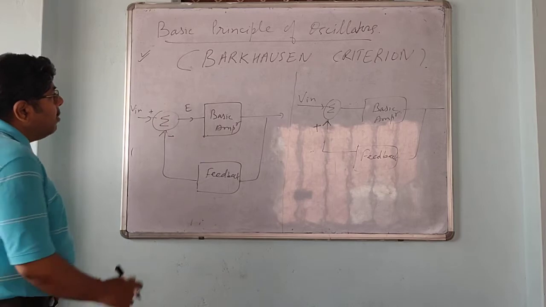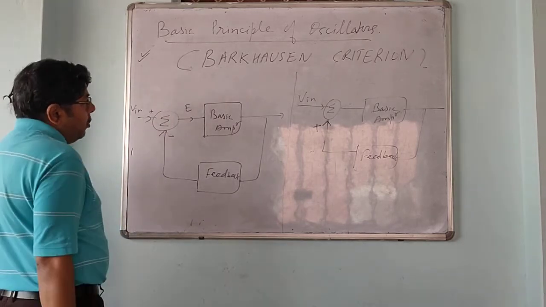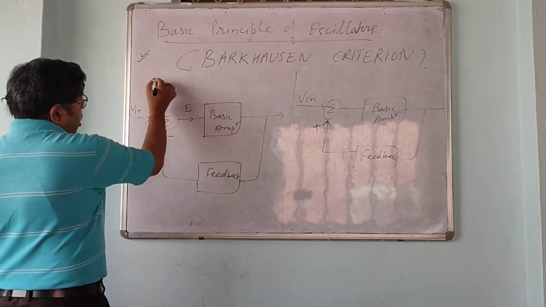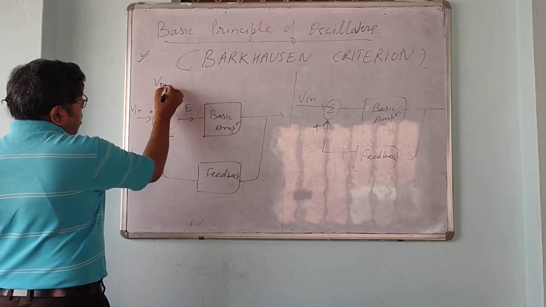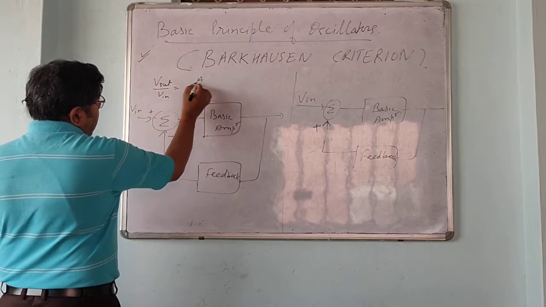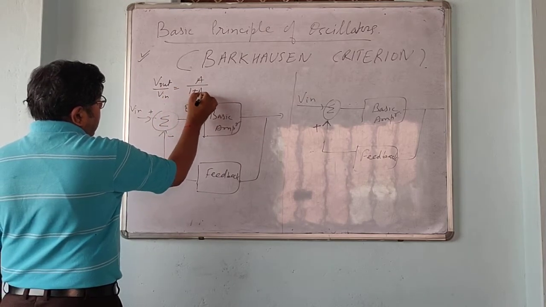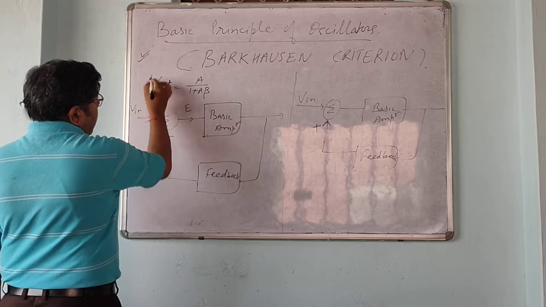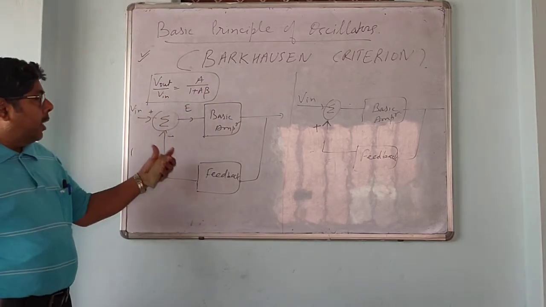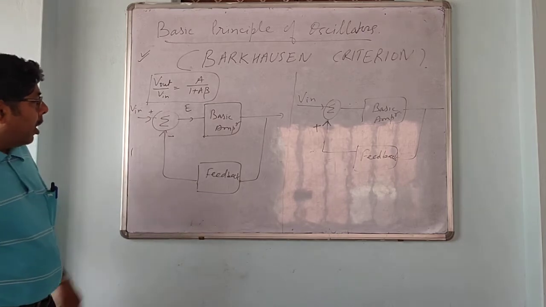For negative feedback, obviously you can see this output upon input is given by A upon 1 plus A beta. How?